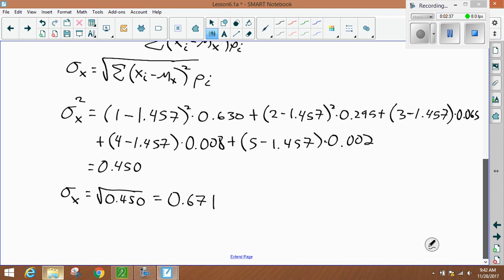So we need to interpret that in context. It's the most important part of it. And in context, you would say that the number of languages spoken by a randomly selected U.S. high school student typically varies by about 0.671 languages from the mean. Just another interpretation of our standard deviation.